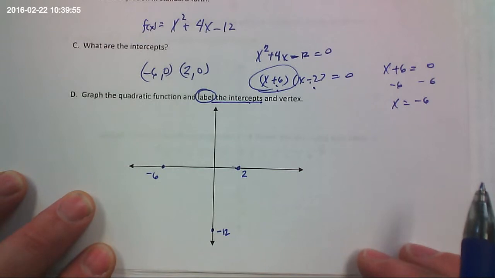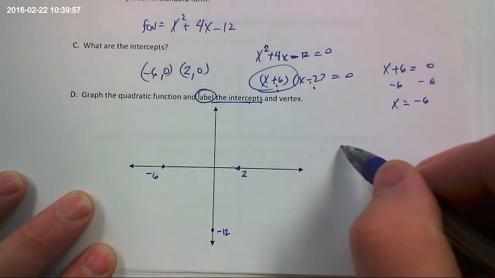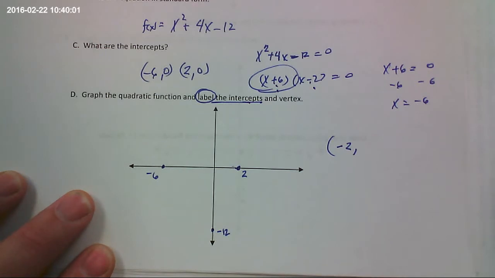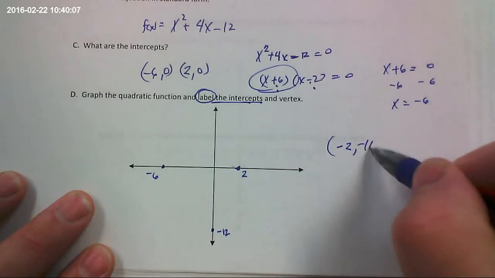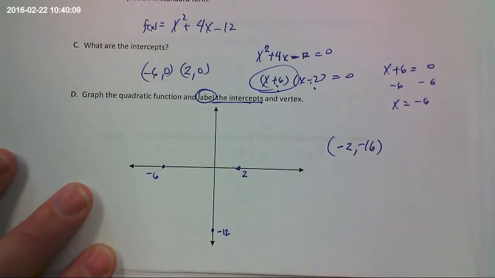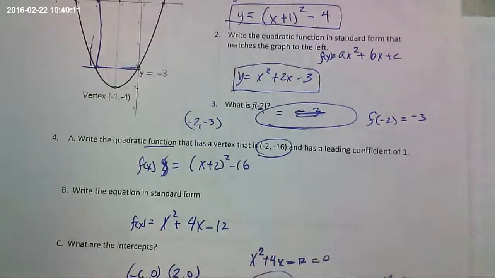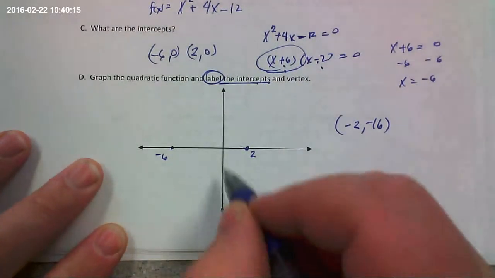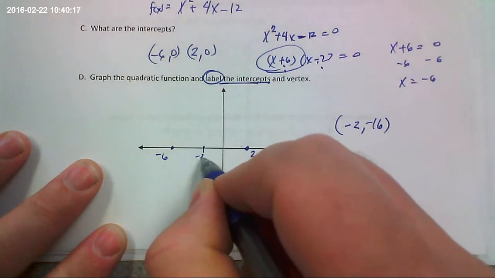So I need to find my vertex. So the vertex is going to be negative 2, comma, 4 minus 8 is negative 4. Is that right? Oh, duh. It says it up there. Showed me right there. Anyway, so negative 2.